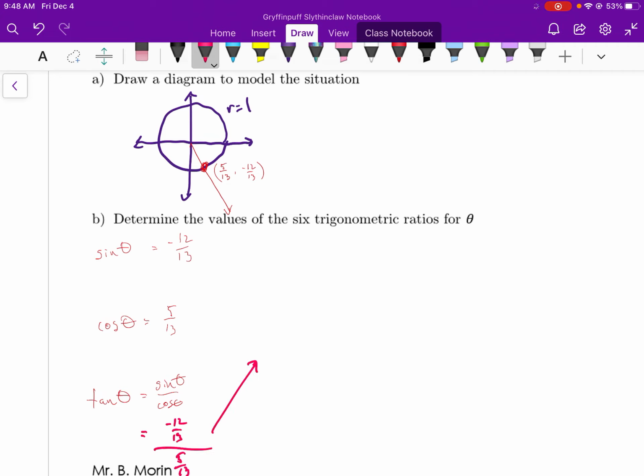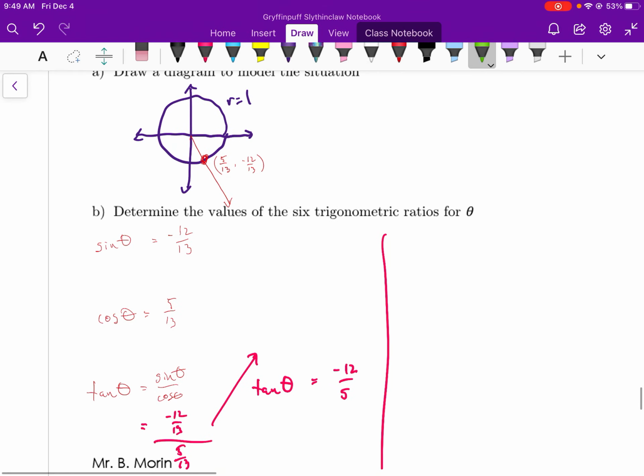I'm just going to carry that work up here. So tan theta, if I simplify that, is going to be negative 12 over 5. Perfect. So that's the three primary trigonometric ratios. Let's go for the reciprocal trigonometric ratios.